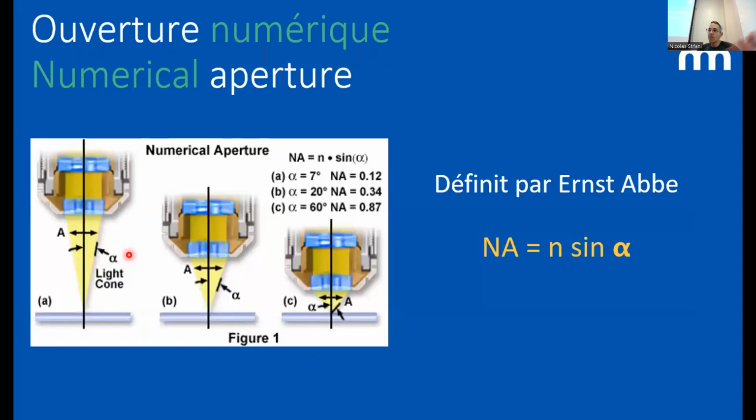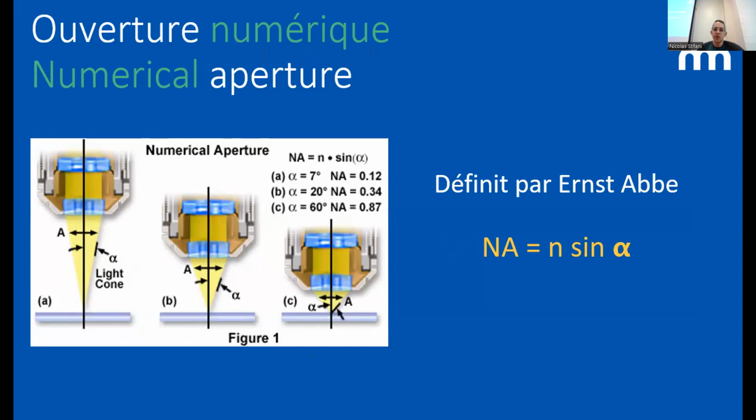Another important thing, I'm going to come back to that later, is numerical aperture. People talk about numerical aperture all the time, and it's very, very important. It's more important than the magnification. Why?